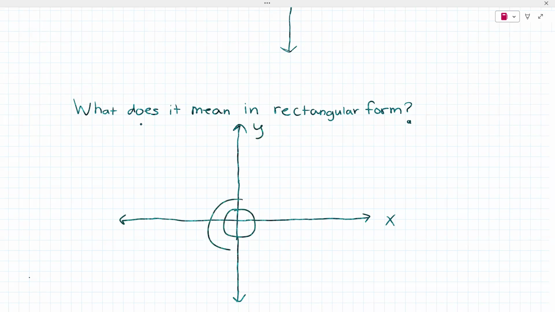Think of all the rings. So what is our radius? Our radius is 2 and pi over 3.